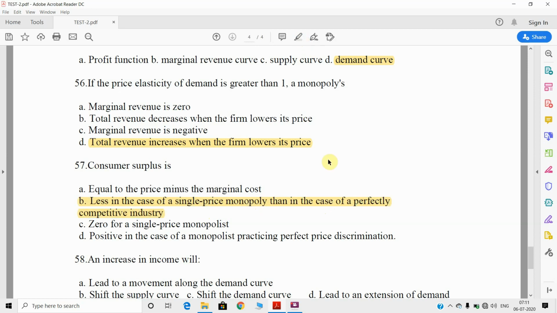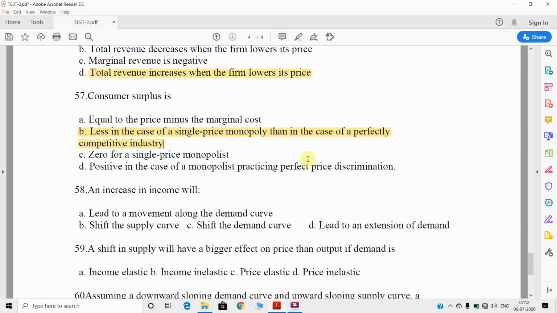That means the consumer surplus is below the downward sloping demand curve and above the equilibrium price. So it is less than the negative slope of the demand curve and more than the equilibrium price, right? It is an indirect question, right?